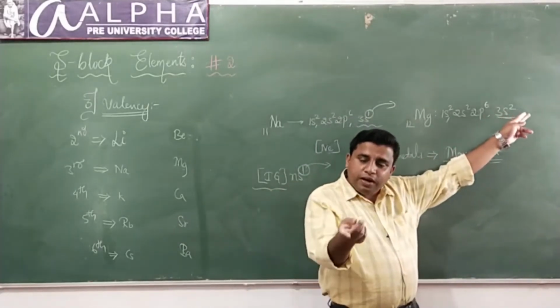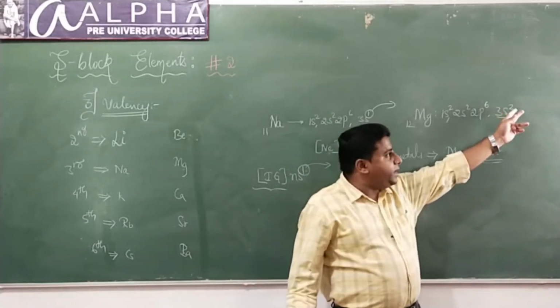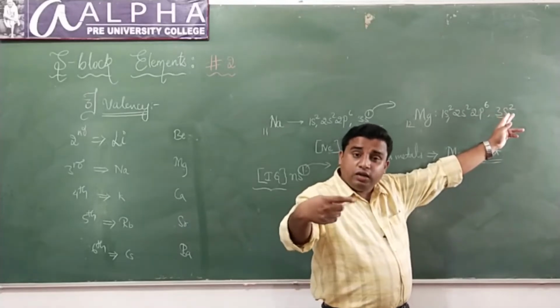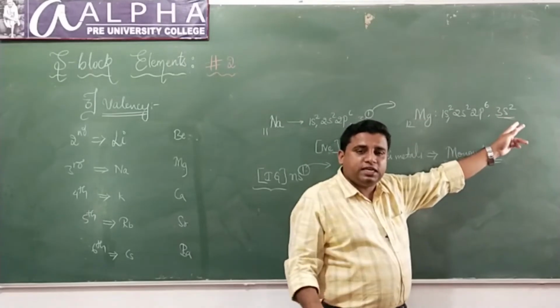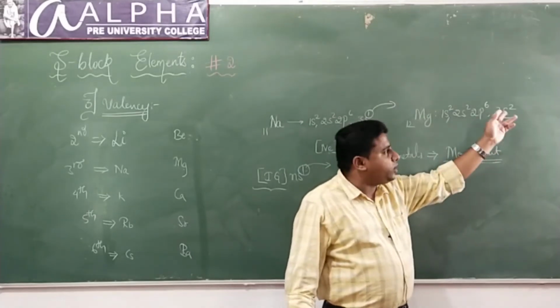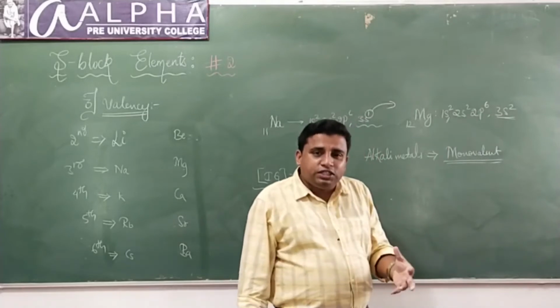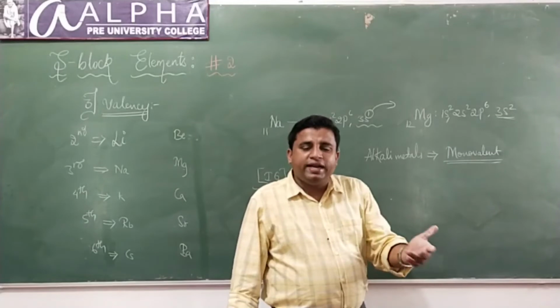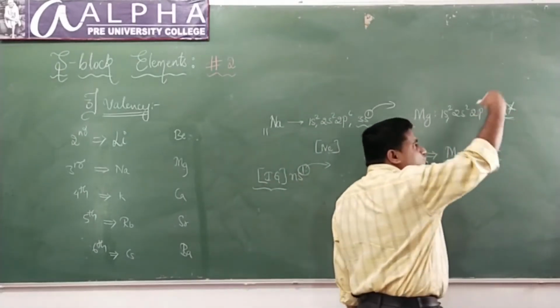That means, on a shorter note, it requires 6 more electrons to complete its octet structure in the outermost shell. Is there anybody who can give 6 electrons? No, nobody will easily give those 6 electrons for magnesium to complete its octet. Therefore, what is magnesium going to do? Instead of waiting for somebody to donate 6 electrons, it itself loses its outermost 2 electrons.